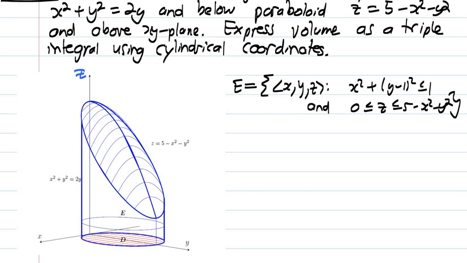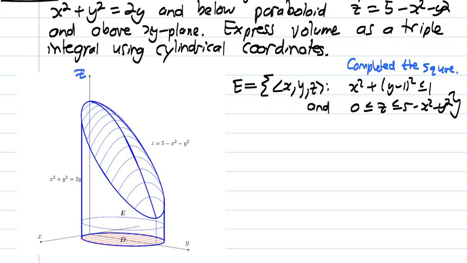So here I completed the square. So please do that calculation. So I completed the square to see that we want x squared plus (y minus 1) squared less or equal to 1. And z is between 0 and 5 minus x squared minus y squared. So it's very easy to describe it using rectangular coordinates. All right.